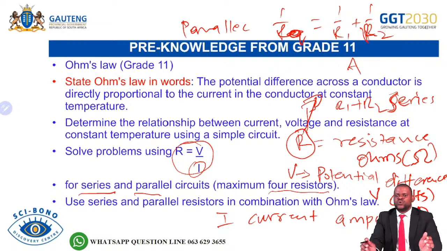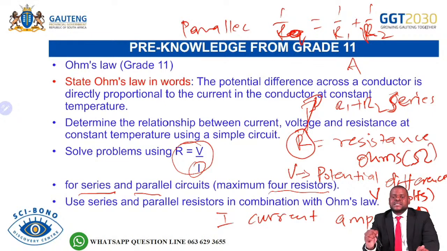This is the formula that we use to calculate the equivalent resistance in a parallel connection. Sometimes we are forced to combine both parallel and series, because we have a circuit where the resistors are connected in both parallel and series. You will see when we come to our problems.